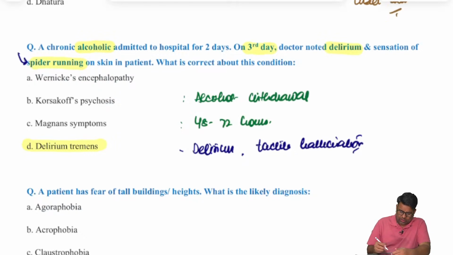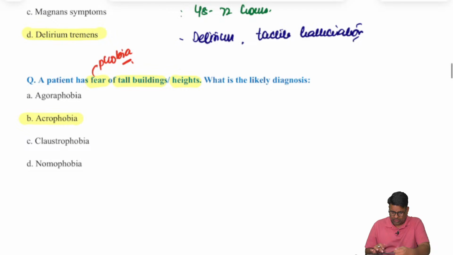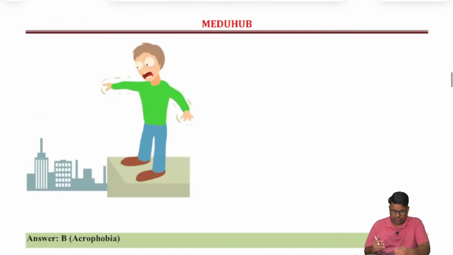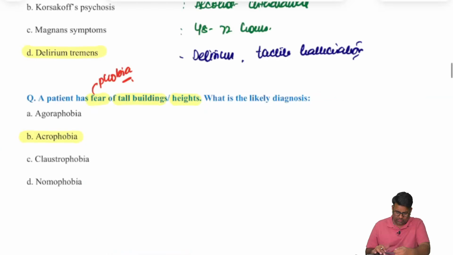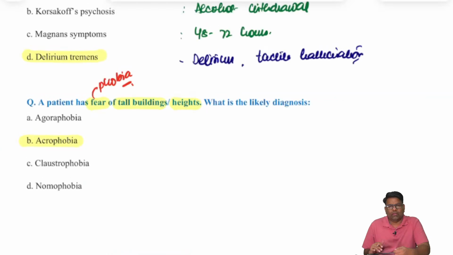Now, next question. A patient was having fear of tall buildings, of going up to heights. Now, what is this known as? Of course, there is fear. What is this phobia of heights? Phobia of heights is known as acrophobia, right? So the person fears to climb to heights. That is acrophobia.